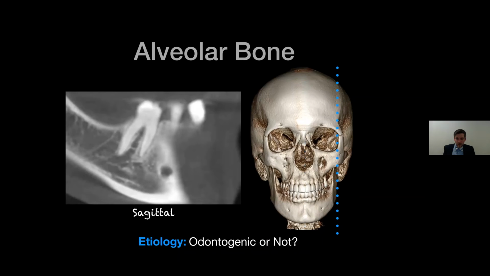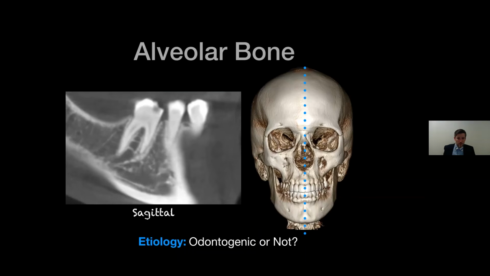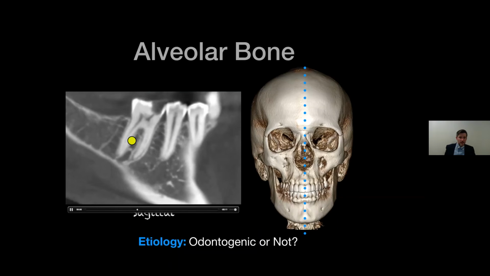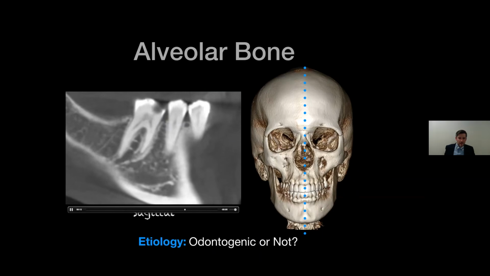And here's our last example in the lower left, looking at the sagittal view, starting from outside and making our way in. As we go through the slices, yes, there's a radiopacity here, but there's also a very large cavitated lesion here, so we can clearly see that there's an etiology.